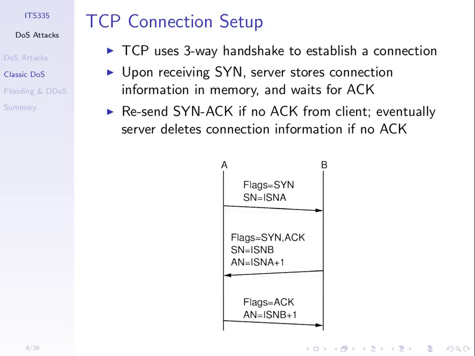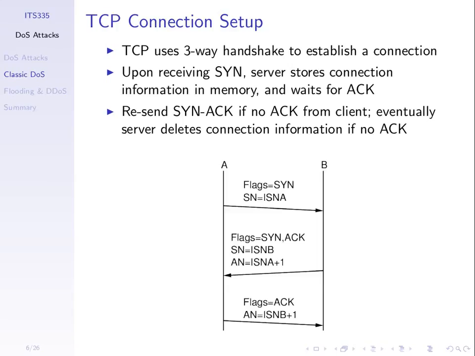Before we can send any data, we establish a connection by sending a special TCP packet from A to B called a SYN packet. SYN for synchronize. The idea is to synchronize some sequence numbers that we're about to use and to get the server ready to receive data. So A sends a SYN packet to B in the normal case.